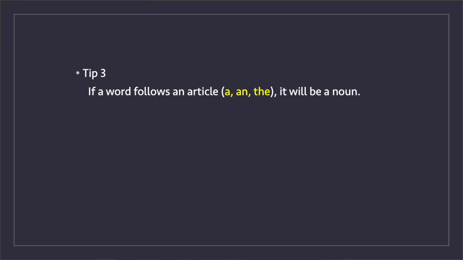Here is the last tip. If a word follows one of the articles a or an or the, it will be a noun. In this sentence you have, the dance was held on Saturday. So this word dance follows the article the.